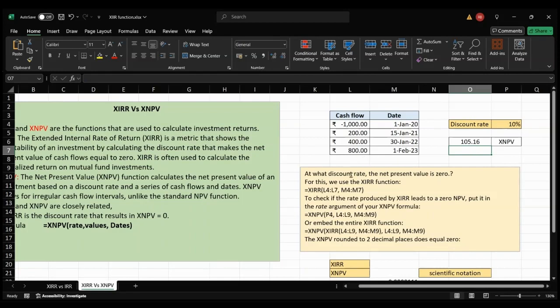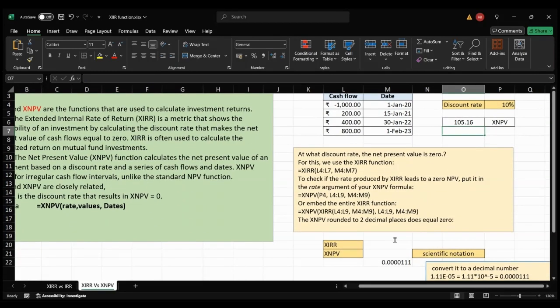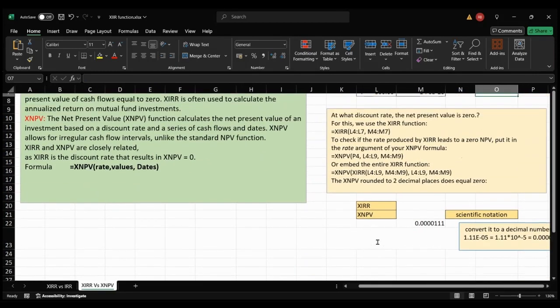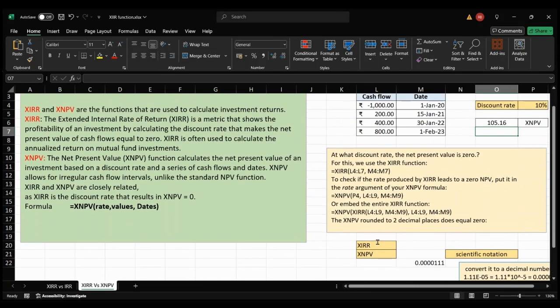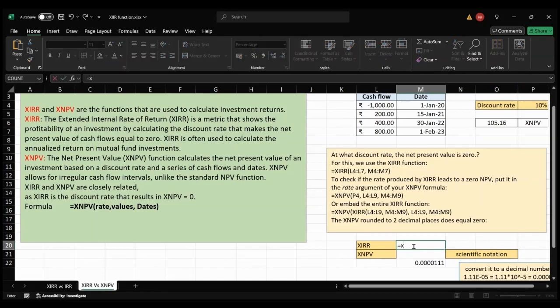Now we have to calculate at what discount rate the net present value is 0. Okay, for this we have to use the XIRR function. So we shall calculate XIRR now for this value. So here equal to XIRR.